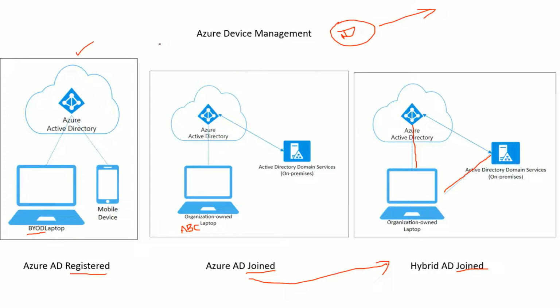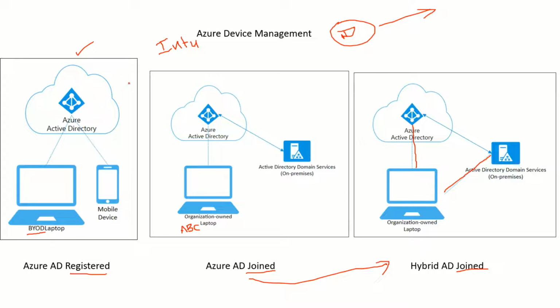And we have one more option, that is Intune MDM managed device. For that you have to enroll your device to Intune, whether it is Azure AD joined or hybrid AD joined. The device first has to be enrolled into Intune. Once that device is enrolled, you will have much more control on the devices.